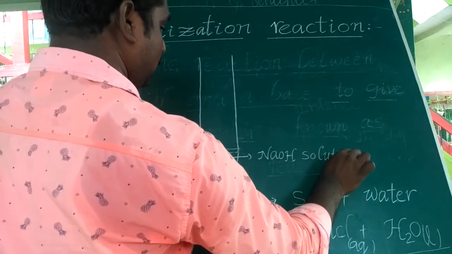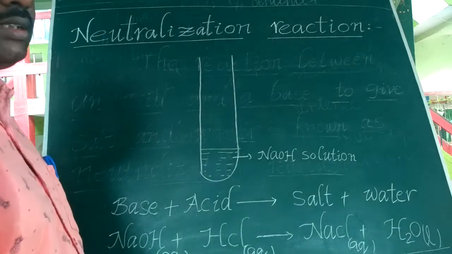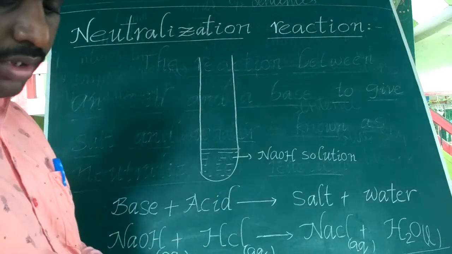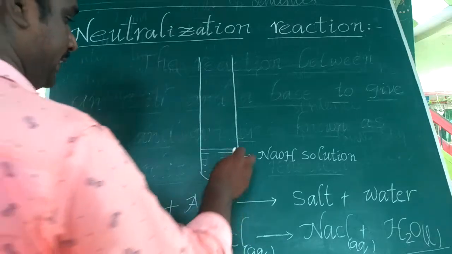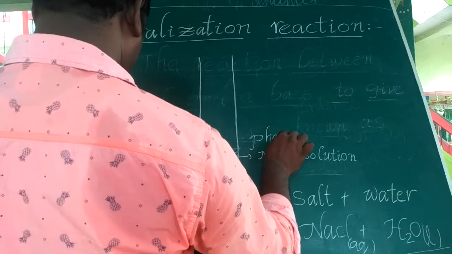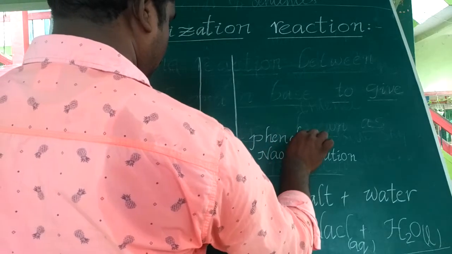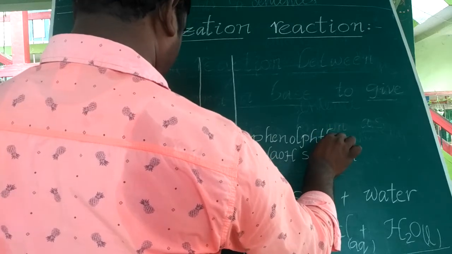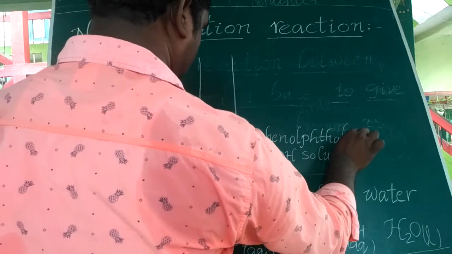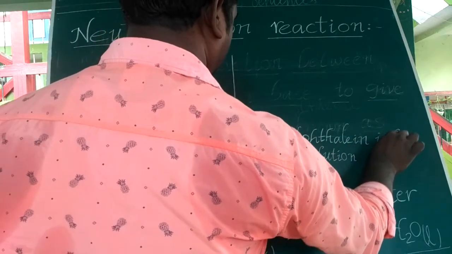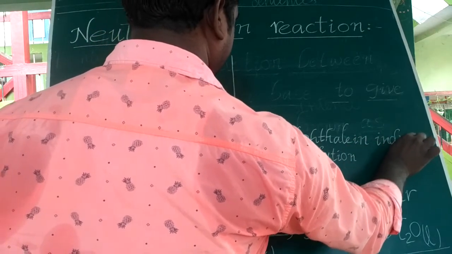Now add 1 or 2 drops of phenolphthalein indicator.